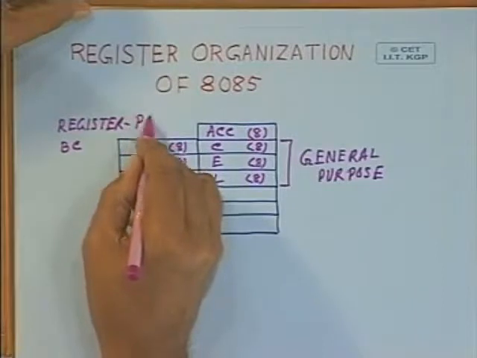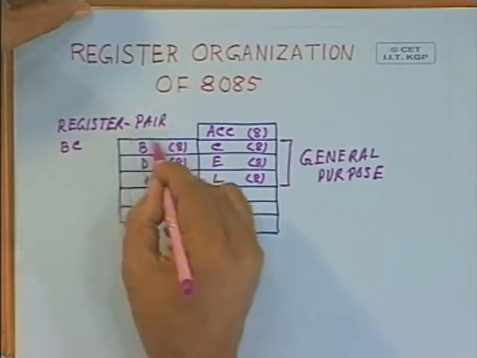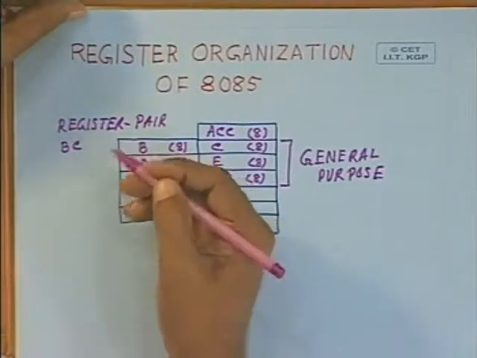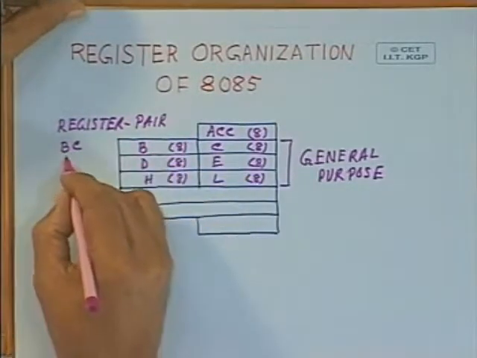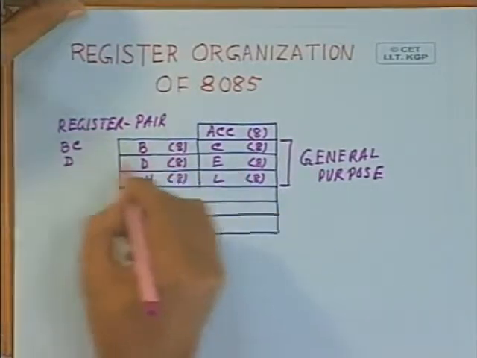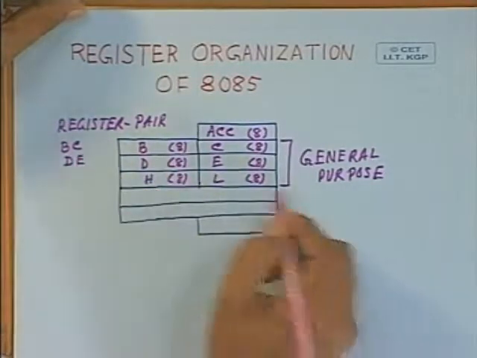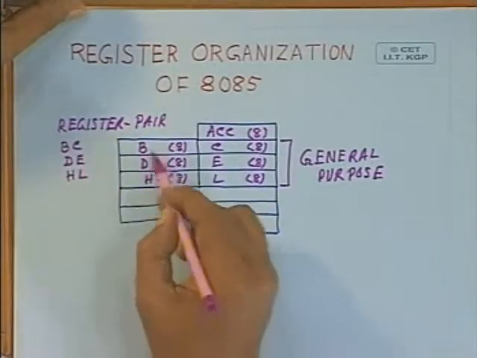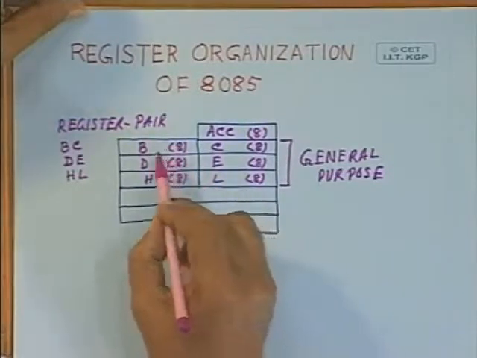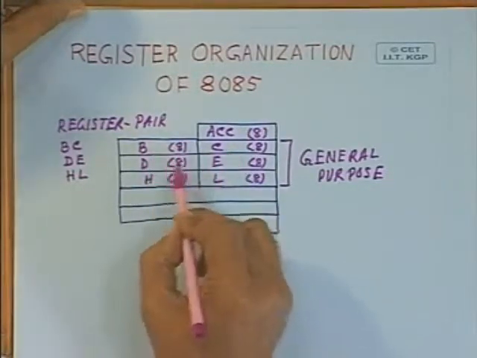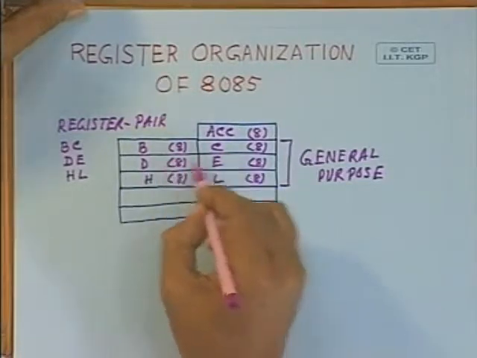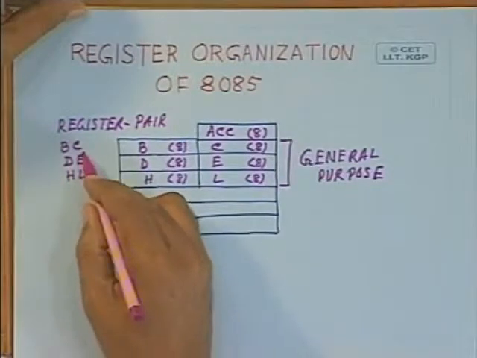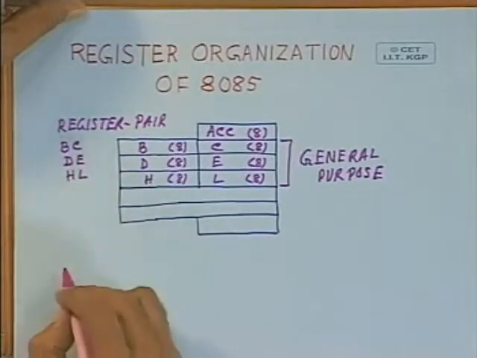So B and C together gives you BC register pair, and then it can hold 16-bit data. Similarly, you can access D and E together as DE register pair, HL register pair. So 3 16-bit registers are also available, which are combination of these individual registers. That means you can individually access them when you are storing 8-bit data. You can access as register pair when you want to store 16-bit data or address.